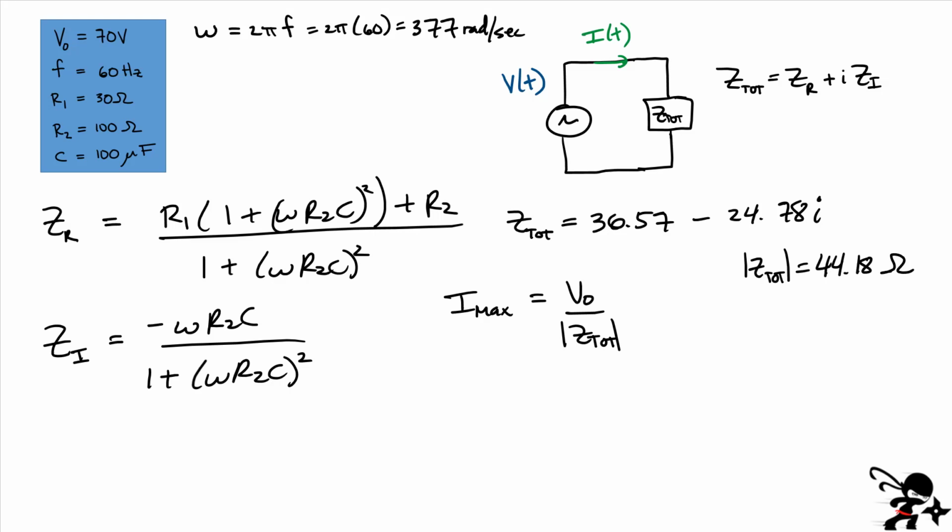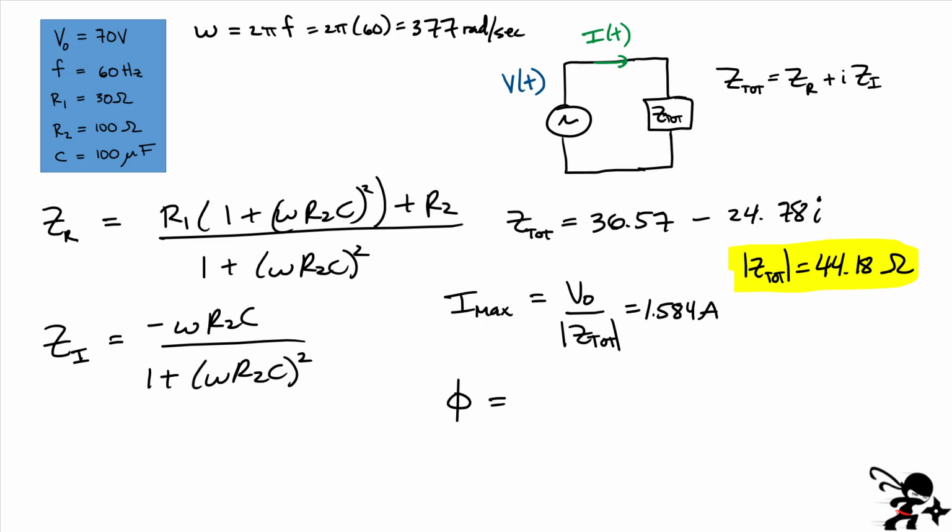Let me highlight that value, that's an important one. Substituting that into my maximum current equation, I get a maximum current of 1.584 amps.